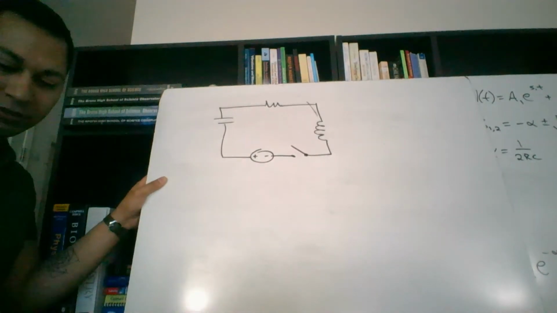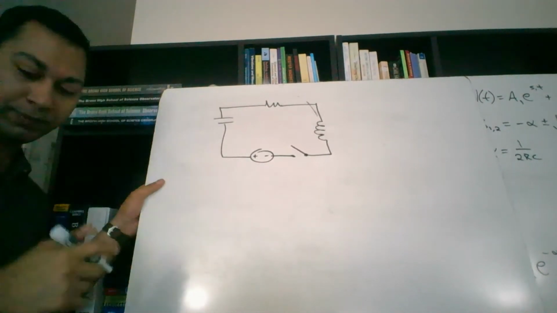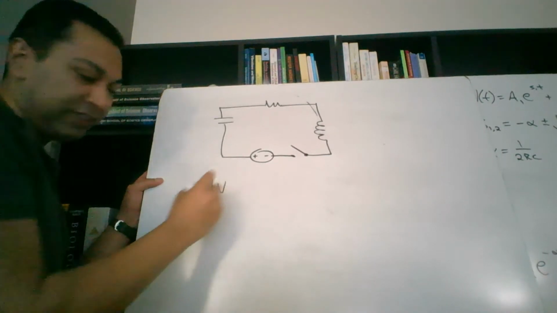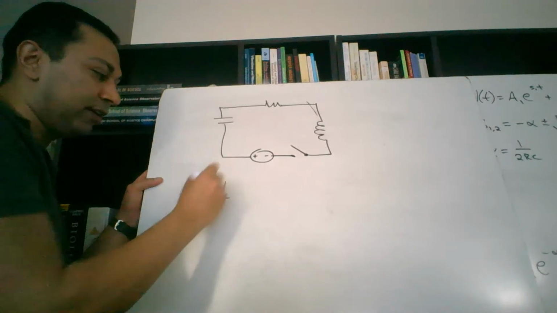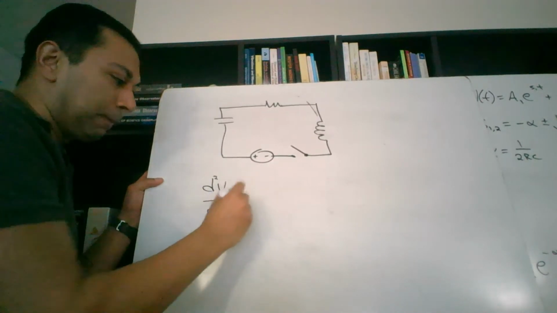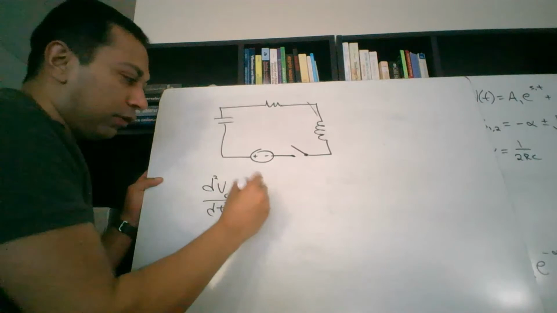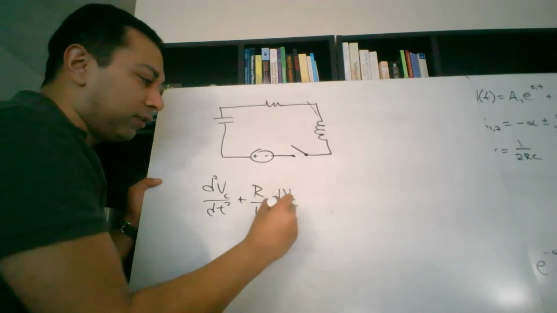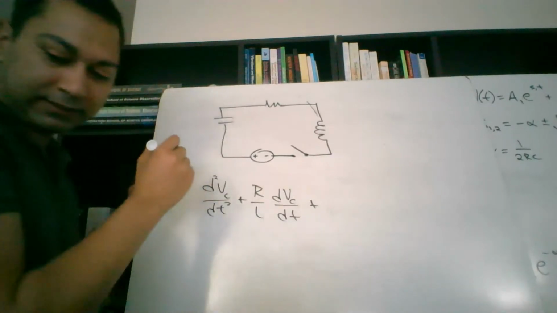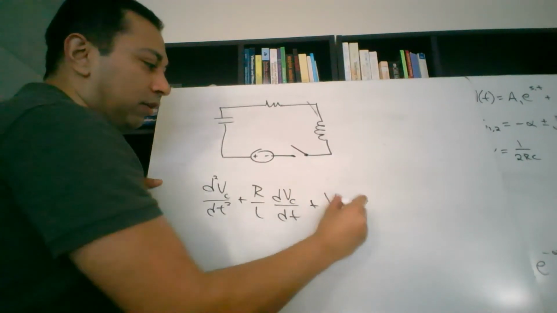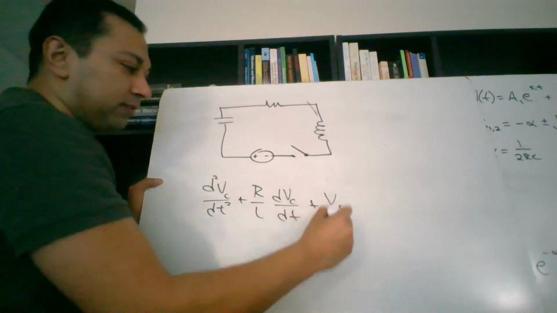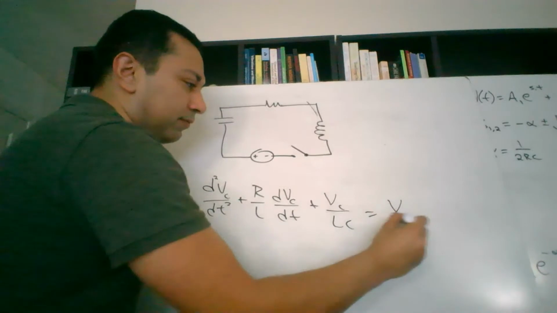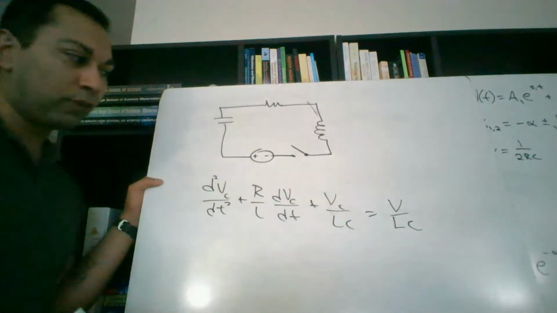And the differential equation for that is going to be d squared Vc dt squared, plus R over L, dVc dt, plus Vc over LC, and that's equal to V over LC. That's right. So that's the differential equation to that.